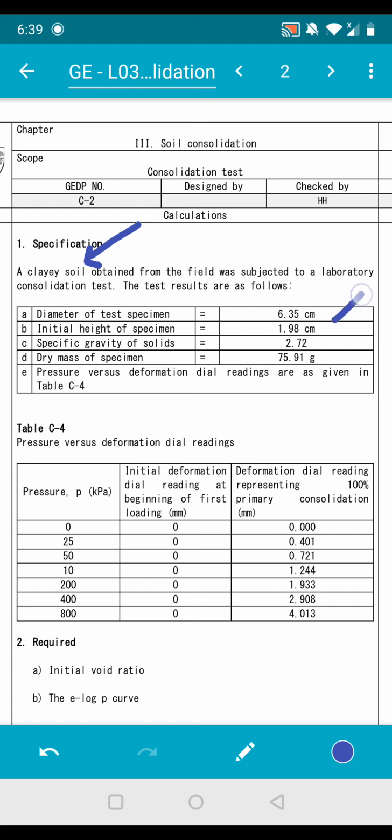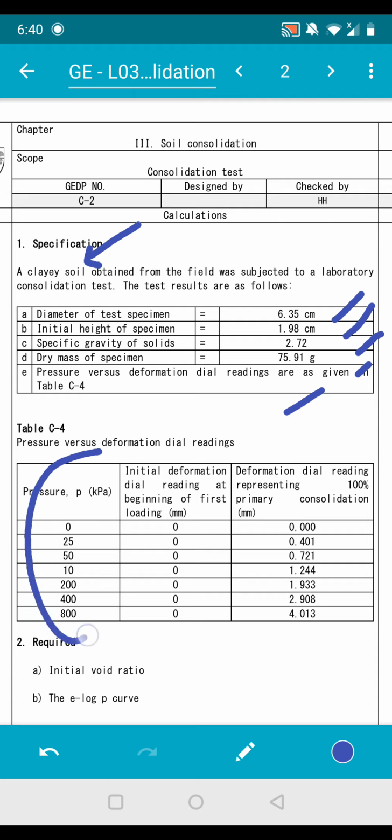You have your diameter, initial height of specimen, specific gravity, dry mass of specimen, and you are also given a pressure versus deformation dial readings. The pressure versus deformation dial readings are given in table C4.